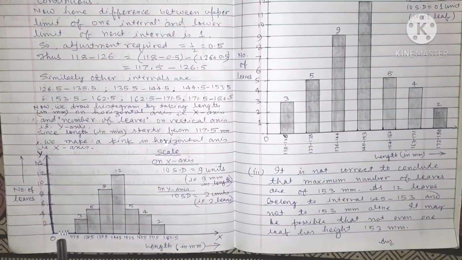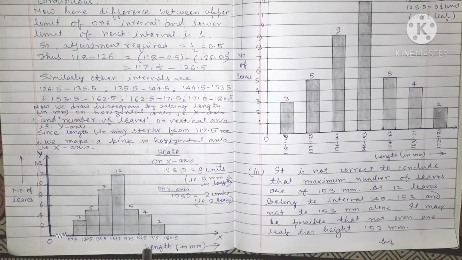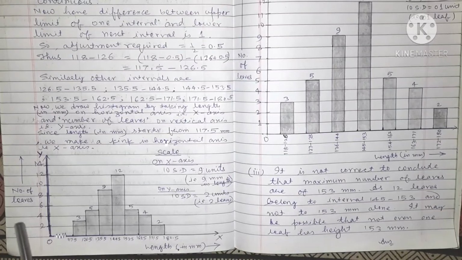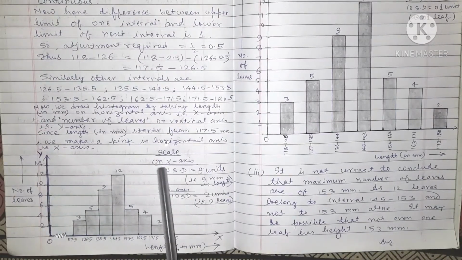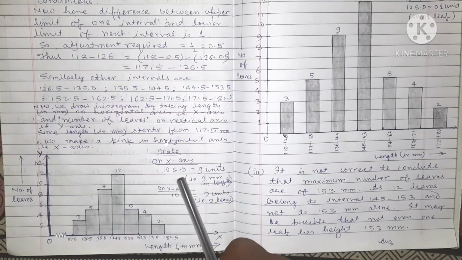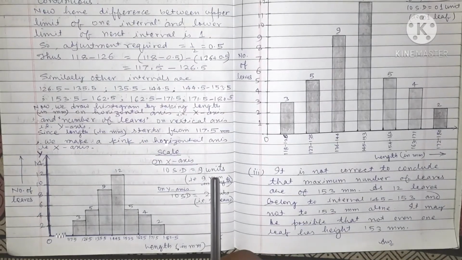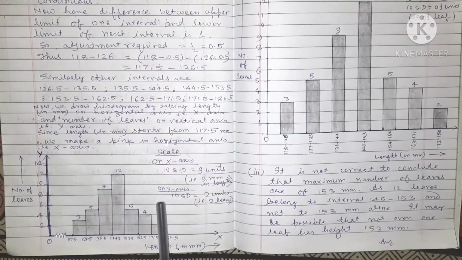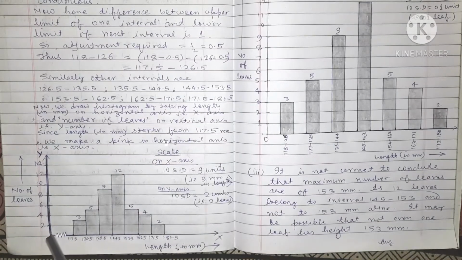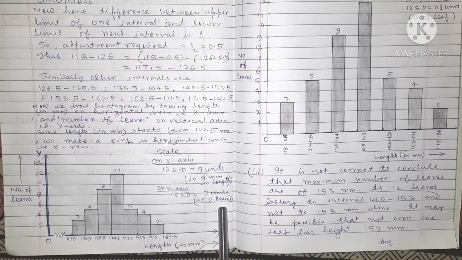This is the kink in the x-axis. We write length in millimeter on the x-axis and number of leaves on the y-axis. Here the scale: on the x-axis, 10 small divisions equal 9 units, that is 9 millimeter in length. On the y-axis, 10 small divisions equal 2 units, that is 2 leaves.